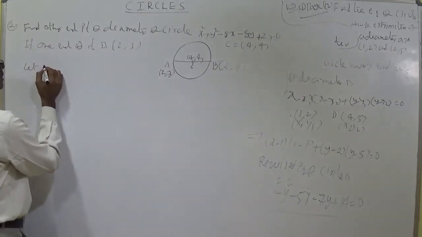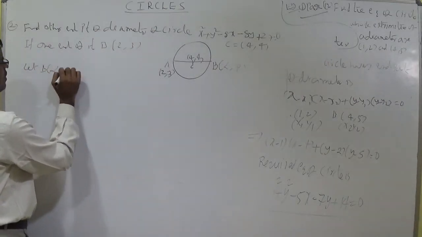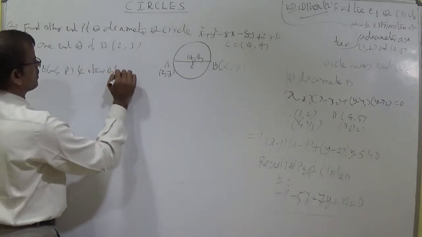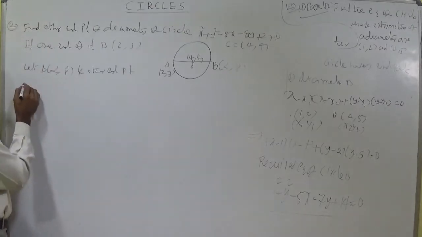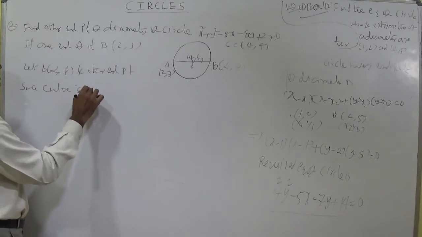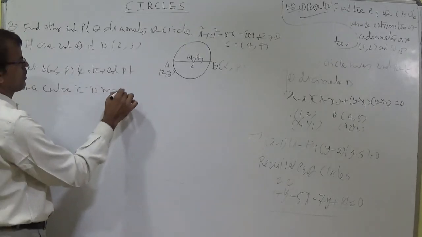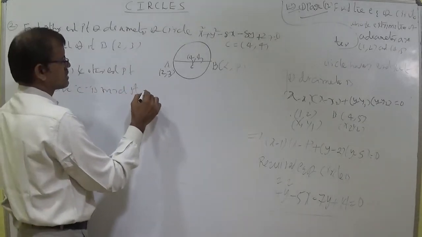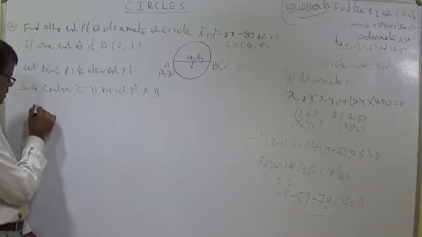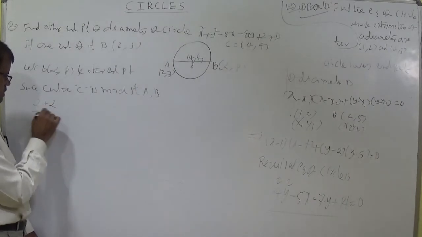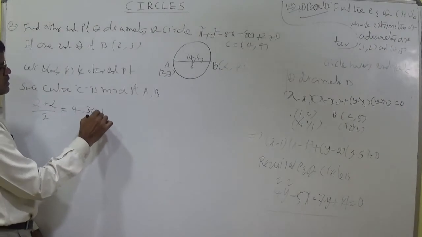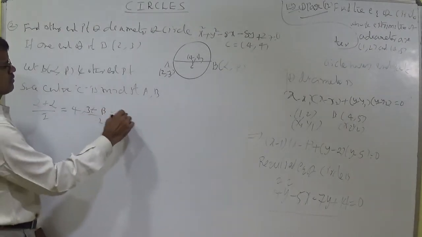Let me write here B (alpha, beta) as the other end point. Since the center C is the midpoint of A, B, you calculate the value here: 2 plus alpha by 2 is equal to 4 and 3 plus beta by 2 is equal to 4.